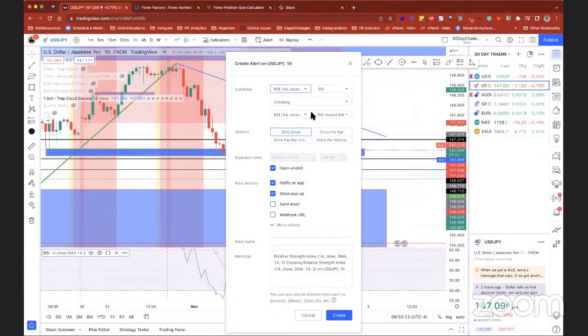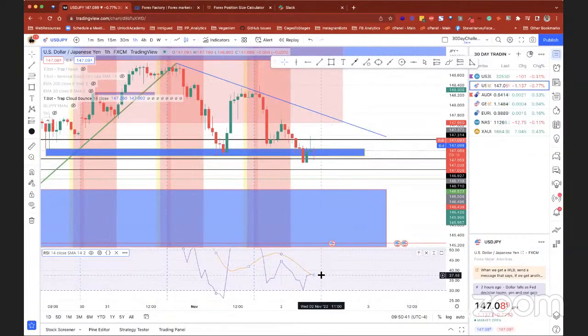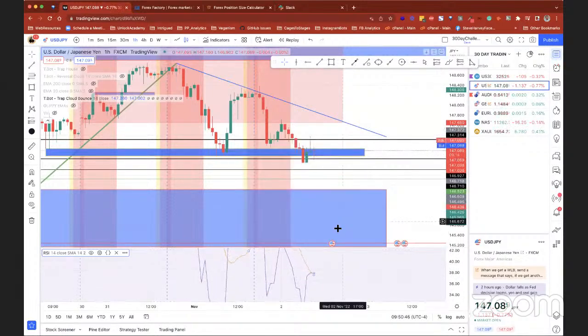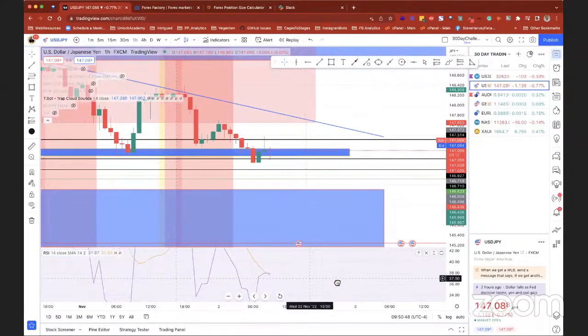So when the RSI crosses over that, let's get an alert. Let's see how that goes. Yeah, because it's crossing literally right now too. That's the crazy part.